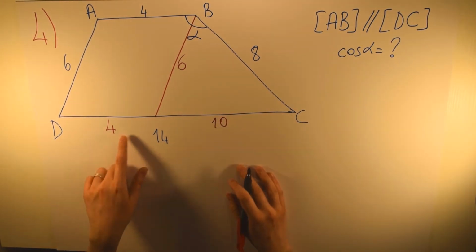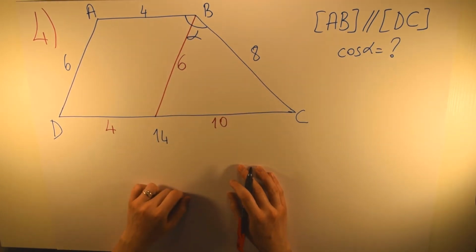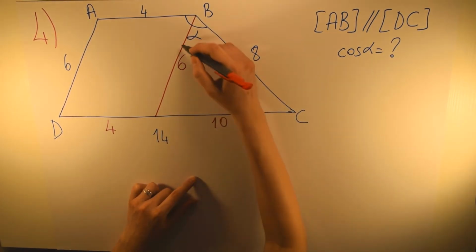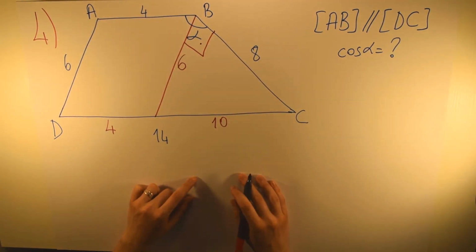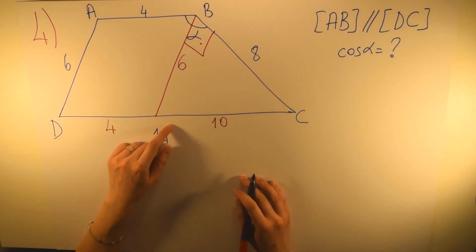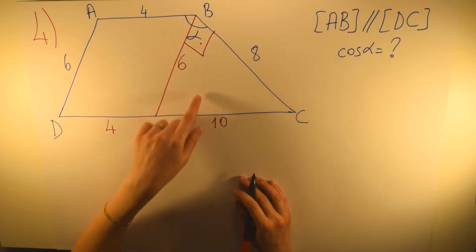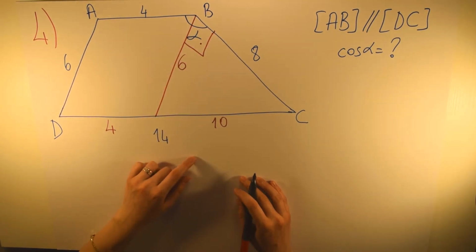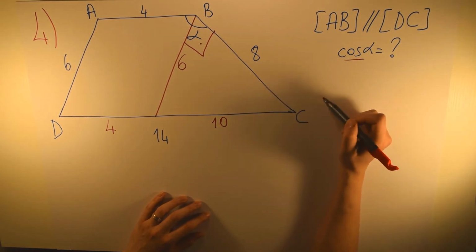So as you can see, I got here a 6, 8, 10 special triangle, which means this angle has to be equal to 90 degrees, because this is a special triangle. So as you can see, we have our right triangle here. So now let's see what we can do to find the value of cosine alpha.